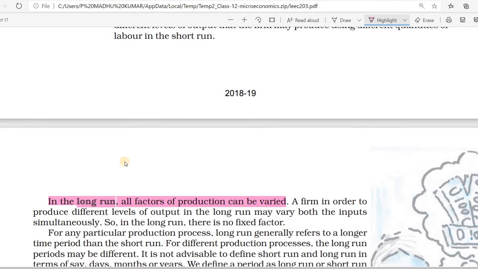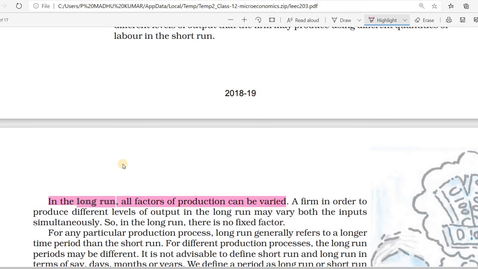Then what is the long run? In the long run, all factors of production can be varied. All factors of production like capital, labor, raw materials, we will vary all of them. That one we call the long run. In the short run, at least one factor of production can vary, whereas in the long run all factors can vary.